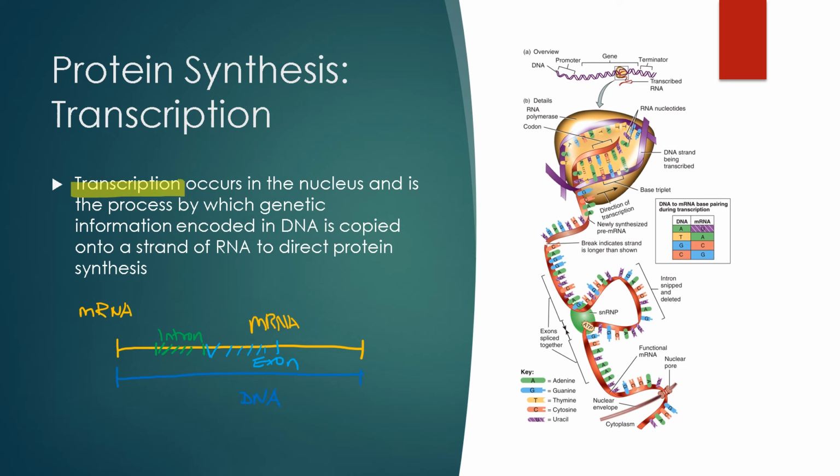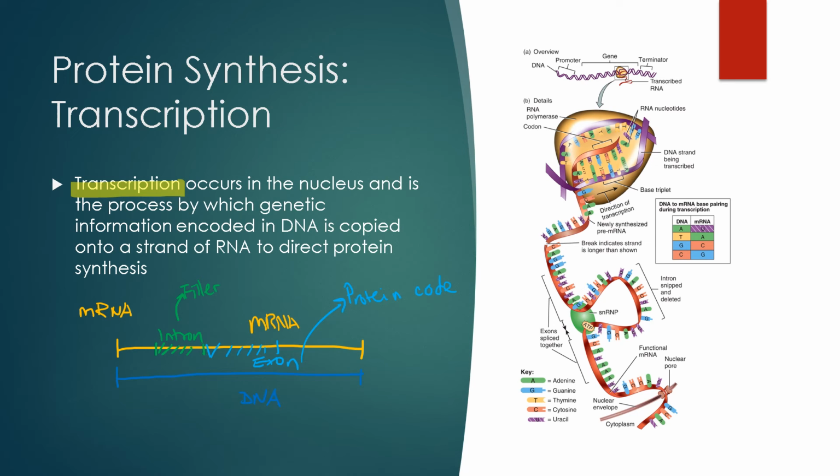Now, exons are the portions that actually code for proteins. So this is the actual protein code. And introns are kind of just filler RNA. They don't code for any particular protein, at least none that we know of.